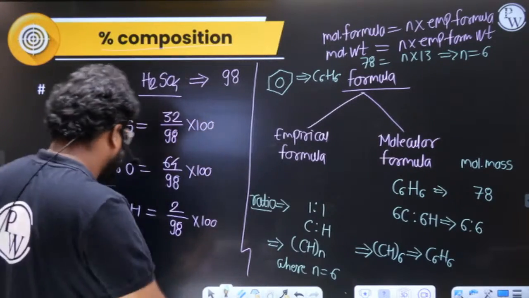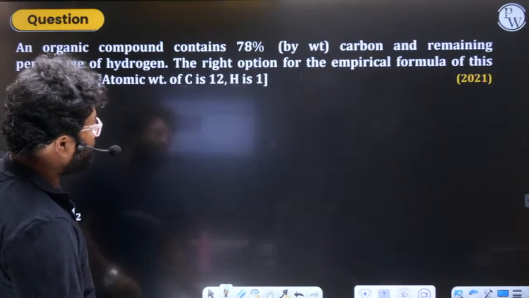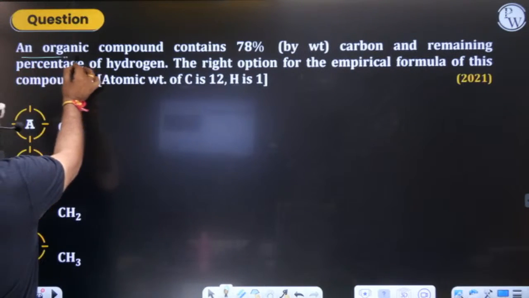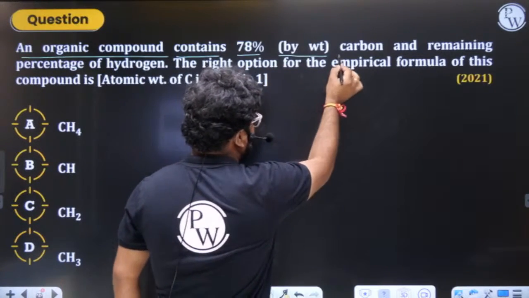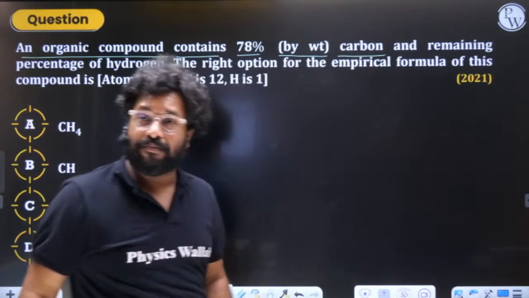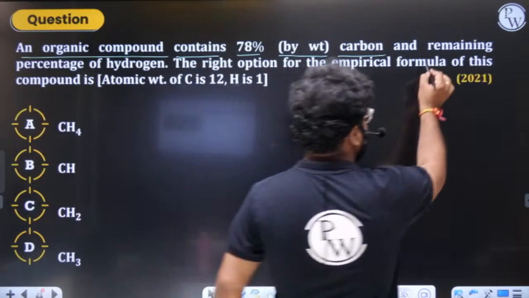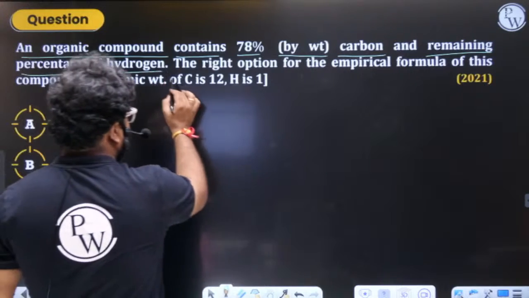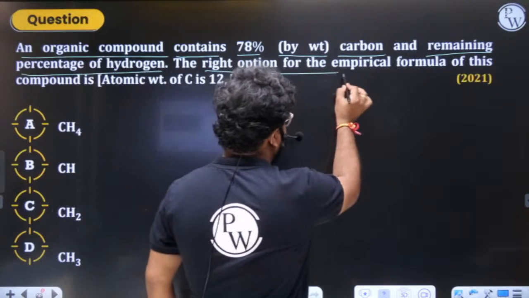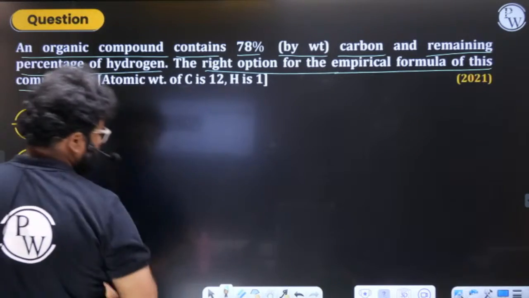Now let's solve a question based on this. I hope this must have been clear to you all. Now look here. An organic compound contains 78% by weight of carbon and the remaining percentage of hydrogen. The right option for the empirical formula of this compound is?